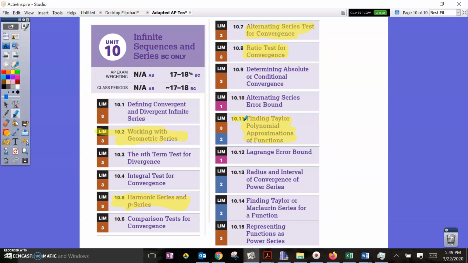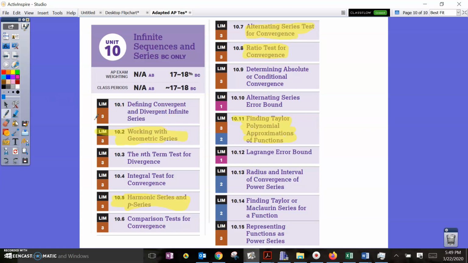So I don't know how that's going to work exactly, but maybe they just want us to be able to identify P series and whether they converge or not. And then the alternating series test and ratio test for convergence. So I imagine they're potentially going to ask you about some alternating series or some series in general, and you need to be able to prove their convergence or divergence using those tests.